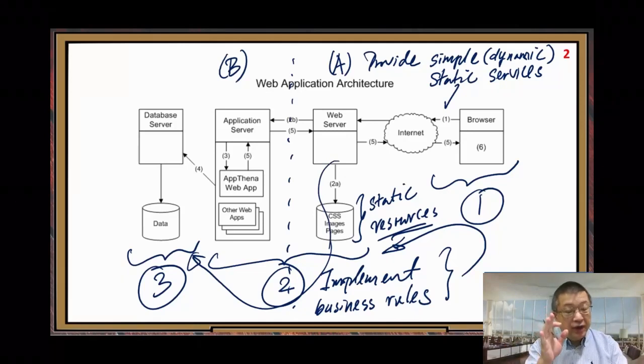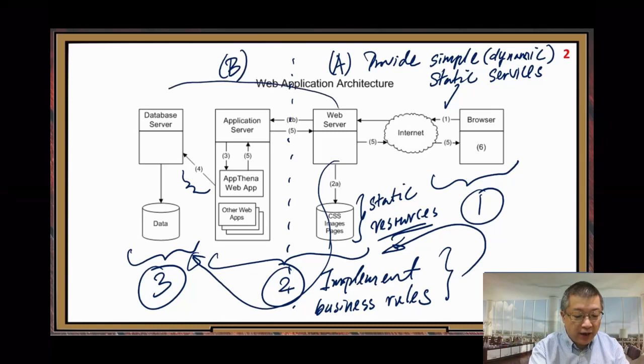But you can see from this diagram that the only part where the application accesses the database is this one. See, step 4. You do not see layer A to database, right?